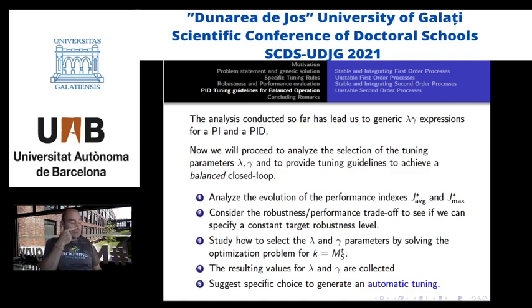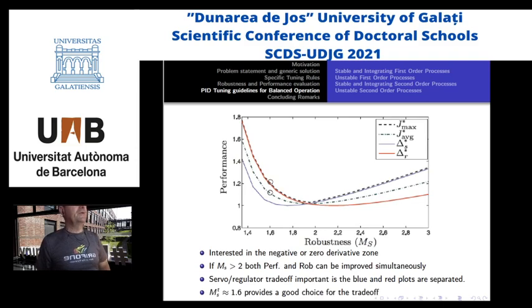Okay, we will show it graphically because it is much easier to interpret. This is the kind of picture that we will see from now to the end. This picture allows you to see the trade-off between performance and robustness. The nice thing here is to interpret the graphics. As you can see, we are interested in the areas where the slope is negative or zero.